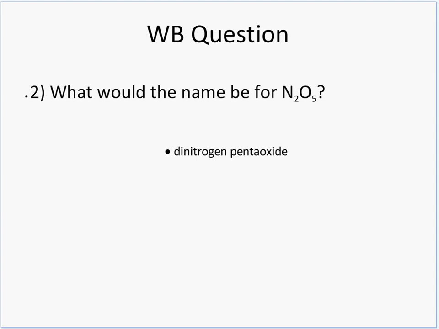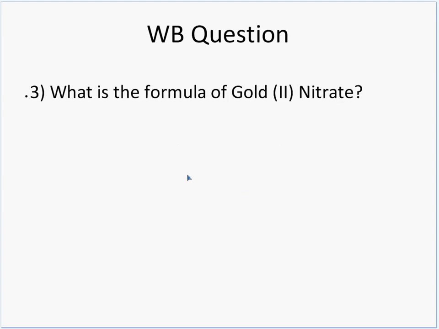Let's do the next whiteboard question. What is the formula of gold(II) nitrate? Pause it, and when you're ready, we can go over it. Okay, gold(II) nitrate. So gold is Au. It is a II, so that means it's a positive 2 charge. Nitrate is NO3.